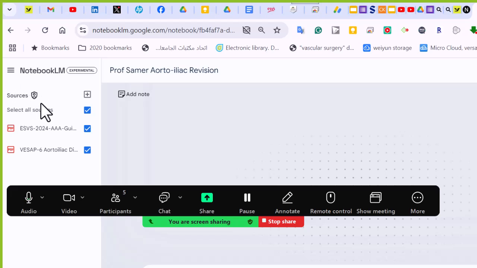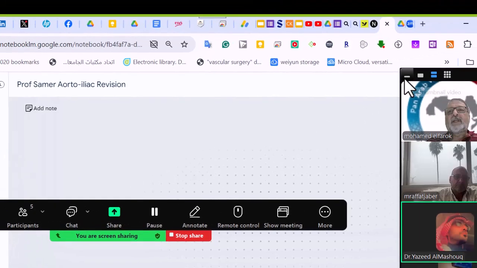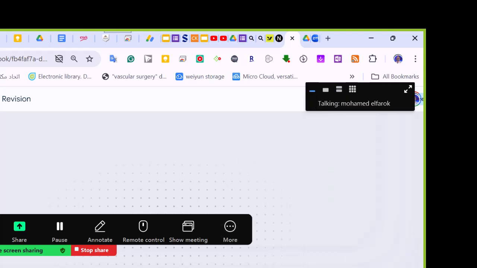So here I tell the artificial intelligence, don't take anything except these sources. I've put here the 2024 aortoiliac guidelines and the VSAP questionnaire for aortoiliac disease. These are the only two sources they have.